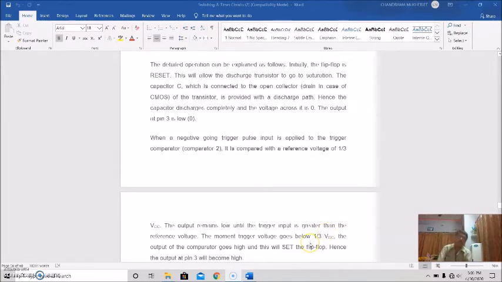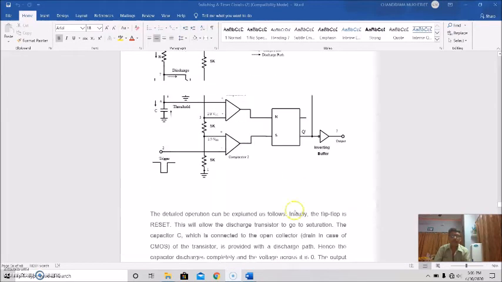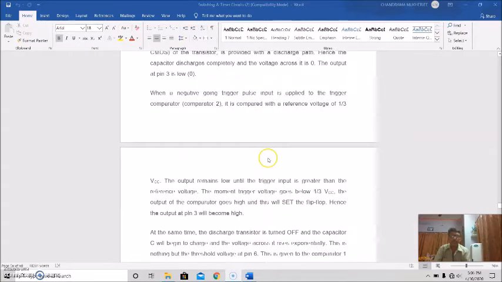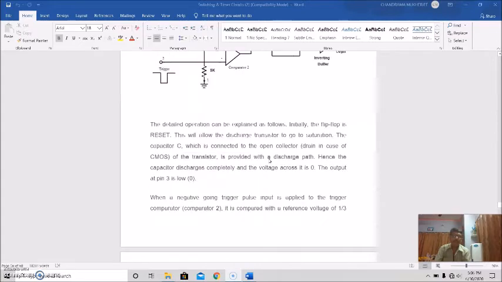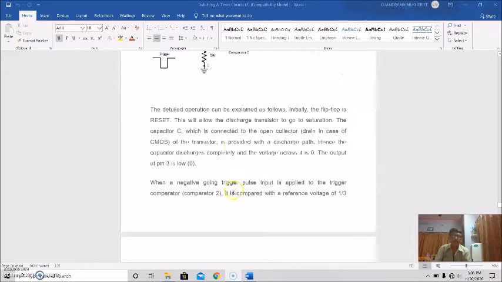The output remains low until the trigger input is greater than the reference voltage. The moment the trigger voltage goes below 1/3 VCC, the output of the comparator goes high, and this will set the flip-flop. Hence the output at pin 3 will become high.